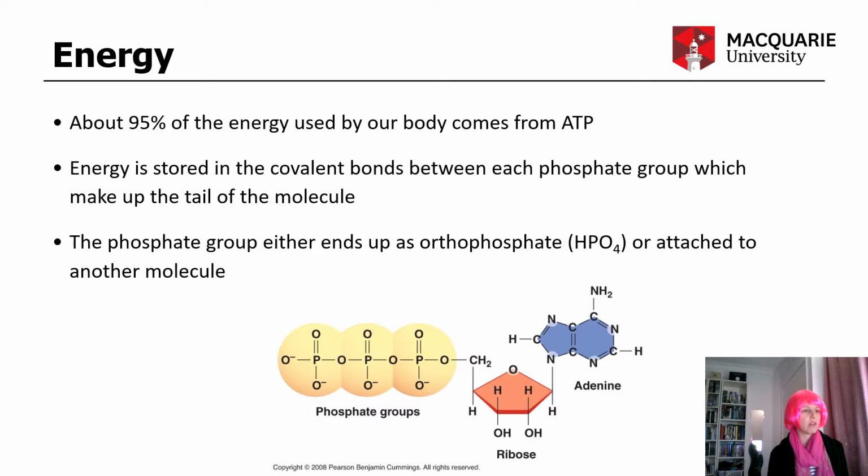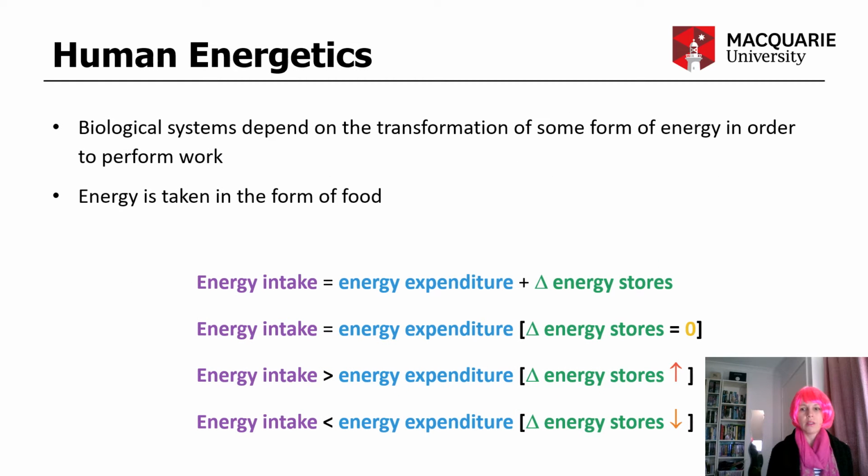So if we have a look here, basically everything we talk about in terms of food and creating energy, what we're ultimately trying to do is create ATP. So in humans, there are different formulas that can show you how your energy intake will relate to your overall ability to store or your needs for energy.